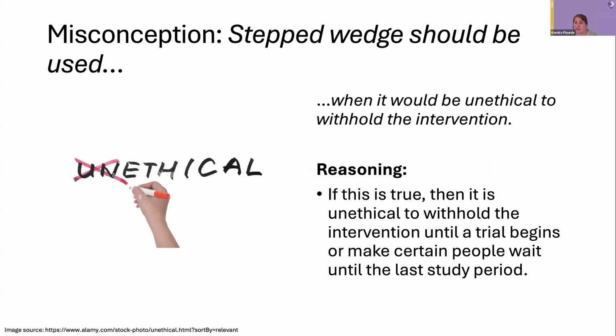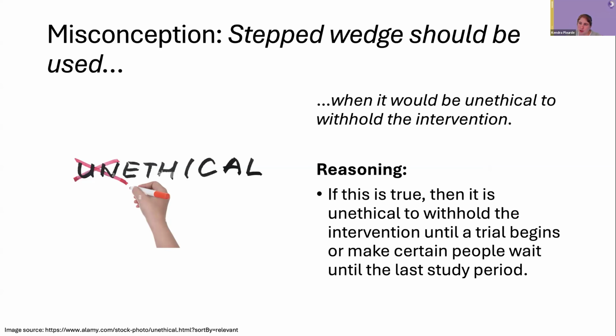Some of the misconceptions regarding when stepped wedge should be used. So here, one of the common misconceptions we see is that step wedge should be used when it would be unethical to withhold the intervention. So as I mentioned, step wedge allows all clusters to eventually receive the intervention.